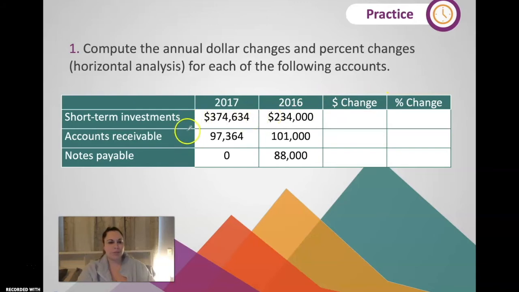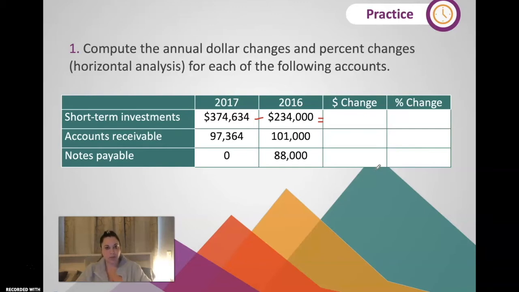This is not a full balance sheet, just a couple lines to give you the idea of how to do this. You take the newest year minus the oldest year, and when you subtract, that gives you the dollar change. I have my phone out as a calculator, so follow along. You can also do it and then pause to see what the answer is.